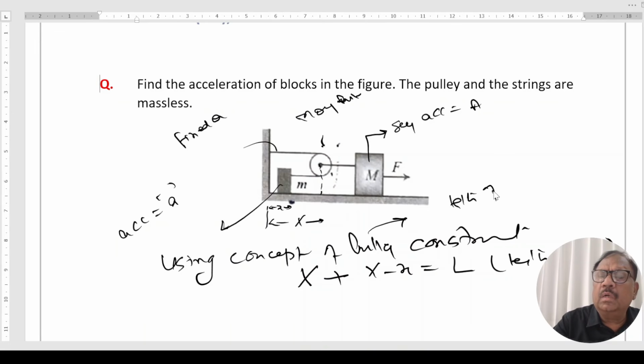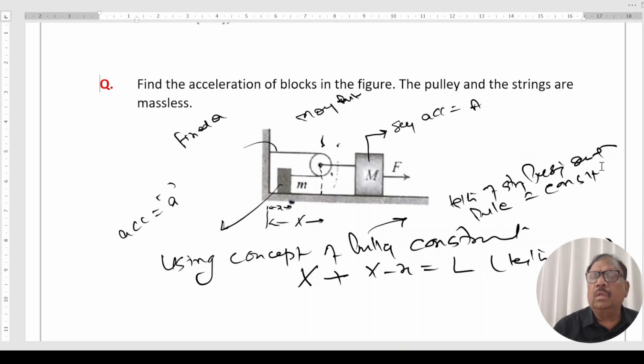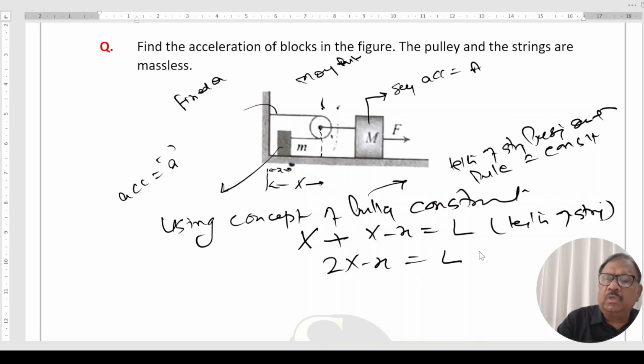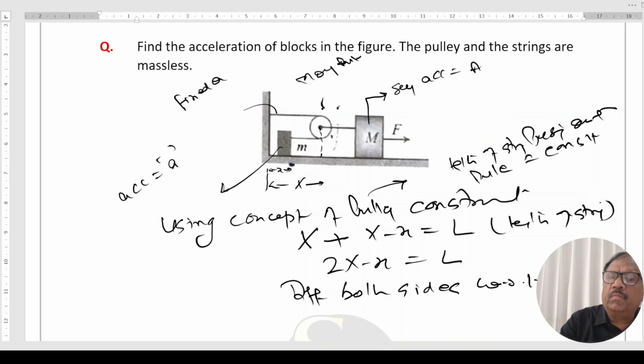Length of string passing over pulley equal to constant, right? Then twice x minus X equal to y. This is constant. Differentiation of constant is 0. Differentiating both sides with respect to time.